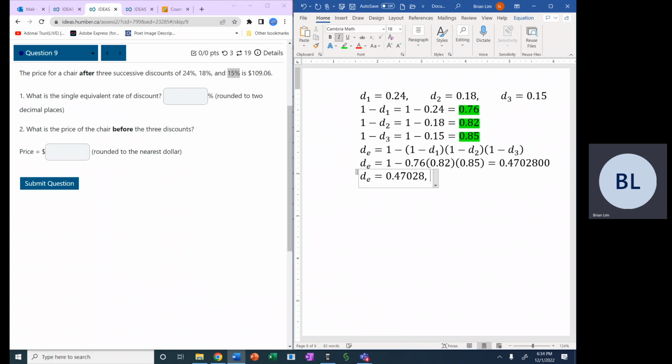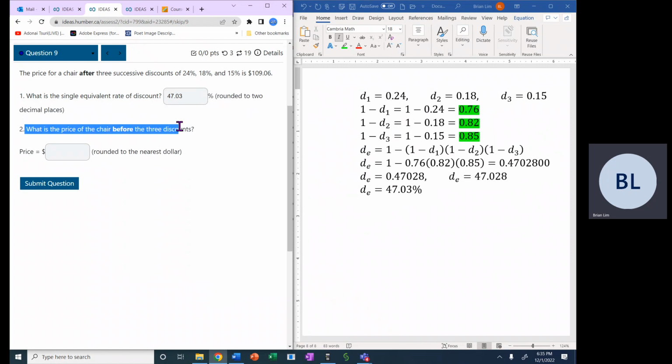Now, if we want it expressed as a percent, which is what is required, we multiply by 100, and that gives us 47.028. If we round that to 2 decimal places, the single equivalent rate of discount becomes 47.03%. So that is the single equivalent rate of discount expressed as a percent, 47.03.